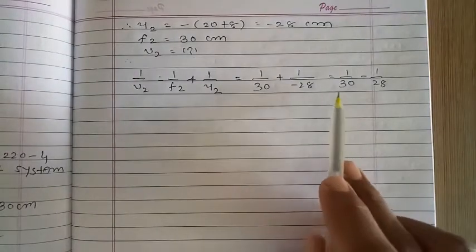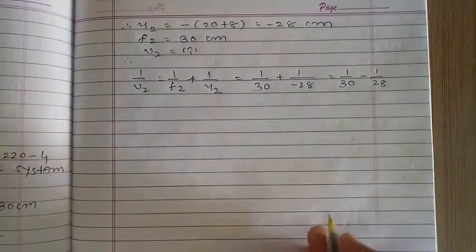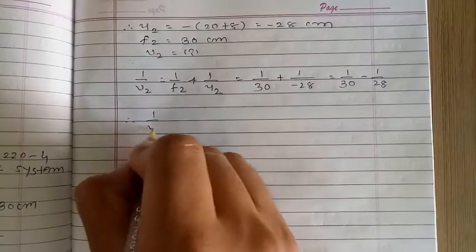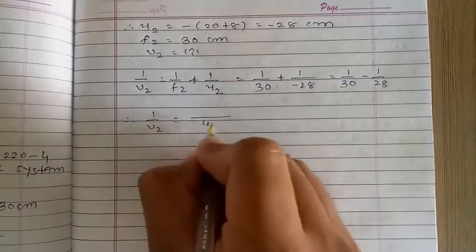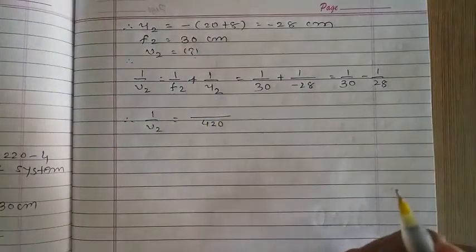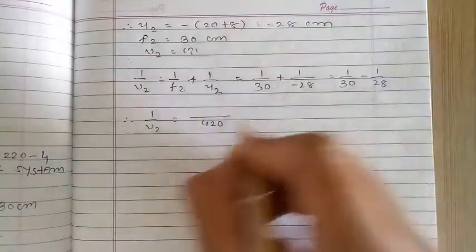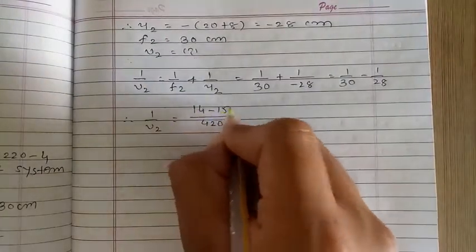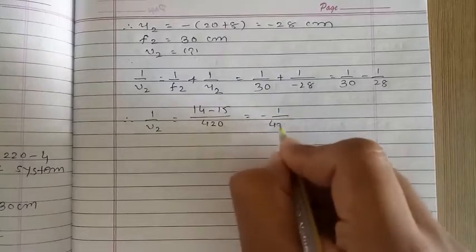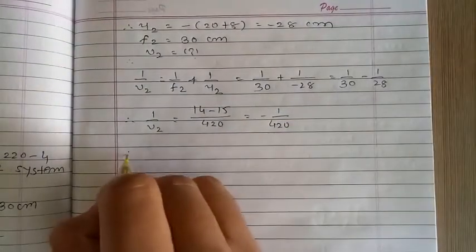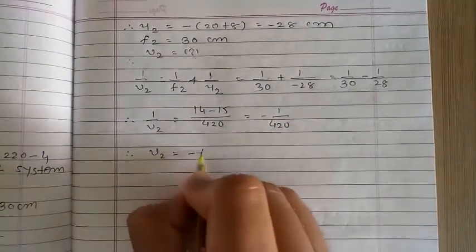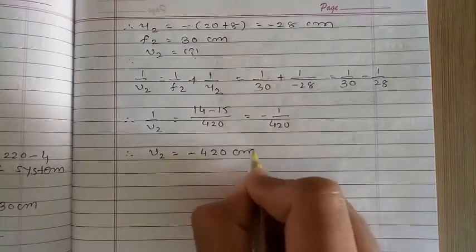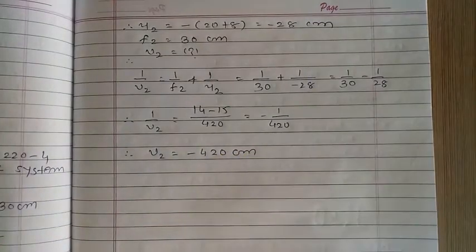We have to find out the LCM of 30 and 28, which is 420. So 1 by v2 is equal to, 420 LCM, so here 14 minus 15, so minus 1 upon 420. So we can get v2 is equal to minus 420 centimeter, right?